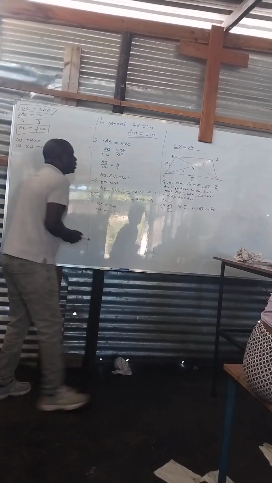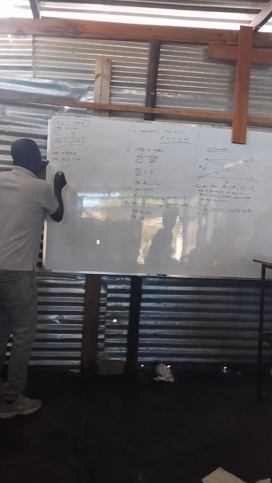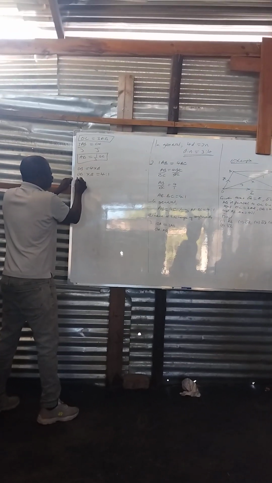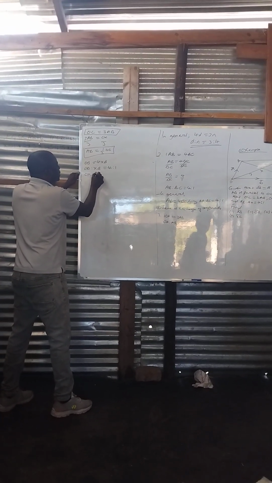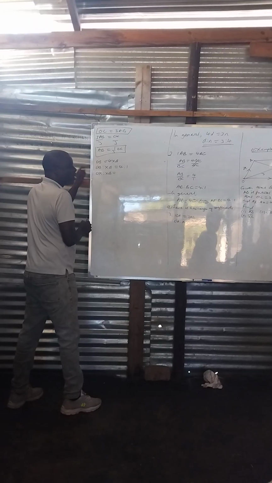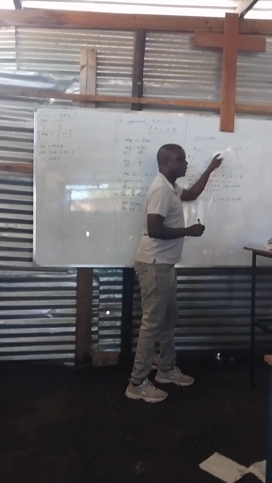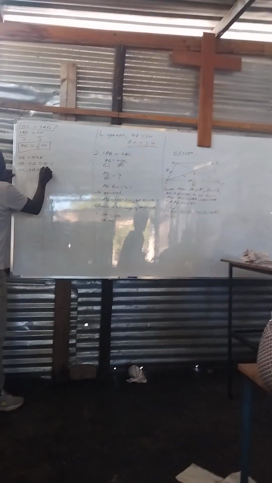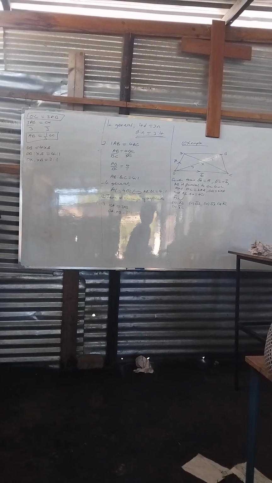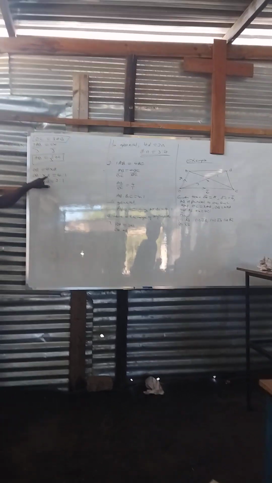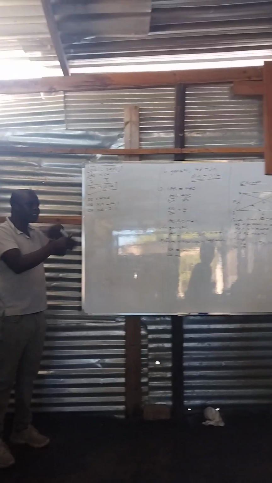Now we can come up with the new ratios here. If I want to find now, OX to XB is 3 to 1. This is an improper ratio.